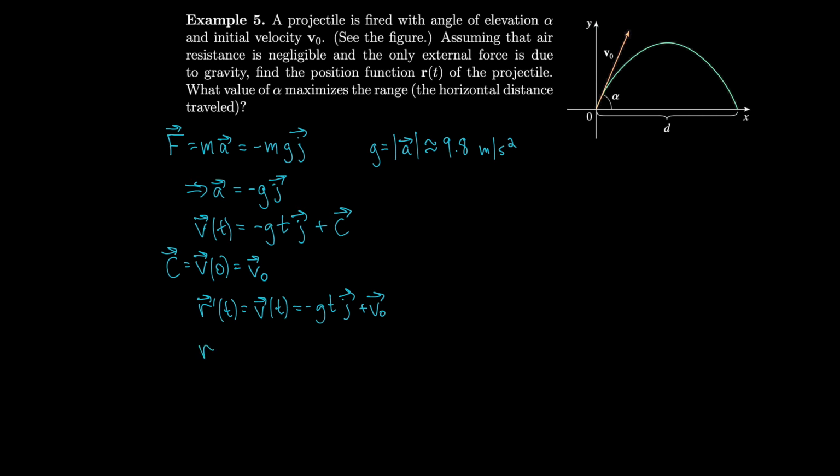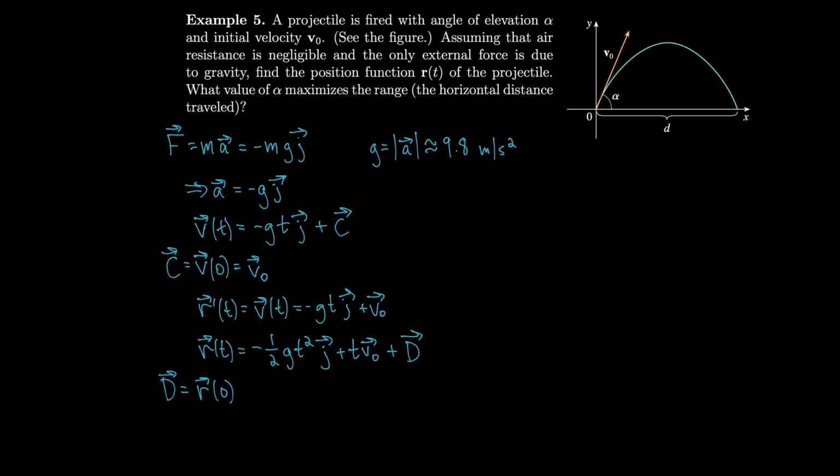So that means that r of t must be equal to minus 1/2 g t squared. Go backwards again with the power rule. And t v naught plus some constant d. So again, our constant d is our initial position.